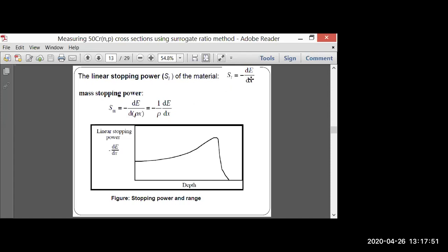It's simple mathematics: energy loss per unit distance, and the minus sign represents that you are continuously losing energy as you go inside the material. You see this curve of dE/dx versus depth. Here the energy loss is continuously varying, and it goes to the highest at one point, this one.